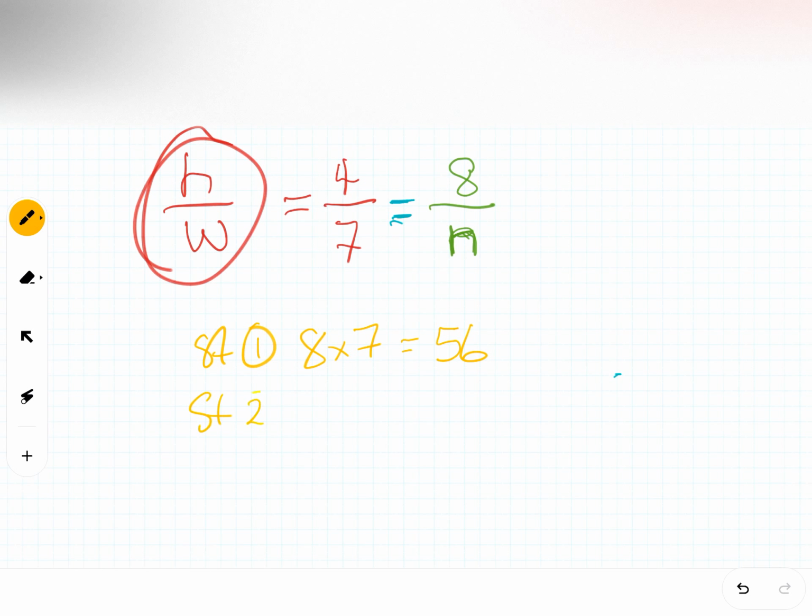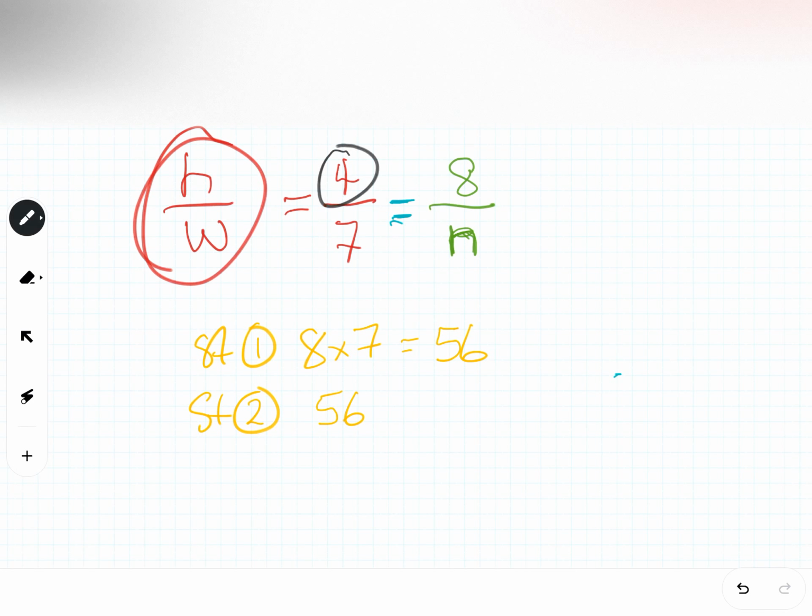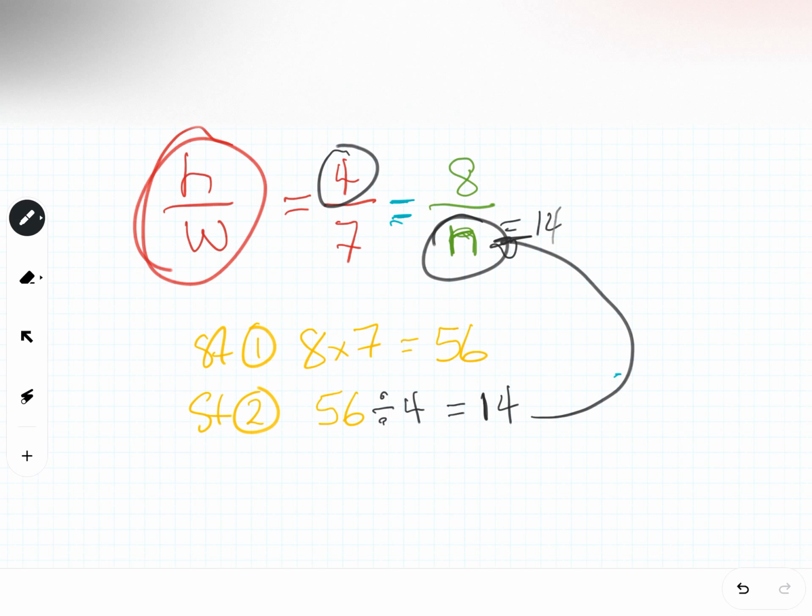And then step 2 is to take that answer that I just figured out and divide it by the number that we haven't used yet. This is the number we haven't used yet. So I'm going to divide that by 4. And what do I get? 56 divided by 4 gives me an answer of 14. So that means that this thing that I was wondering about, I now know that that stands for 14.